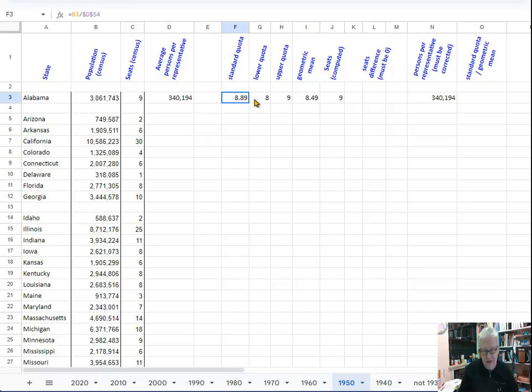On the very right-hand side, this is where we're going to calculate that indeed these are the seats that everyone gets, according to the 4 steps plus the correction step. This one here was also given on the census website. However, I'm going to have the spreadsheet calculate these. This is the number of people living in the state per one representative.